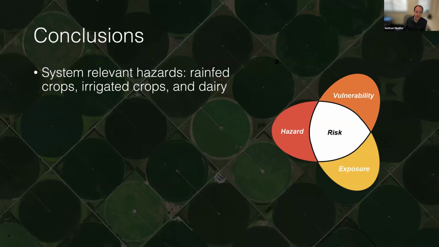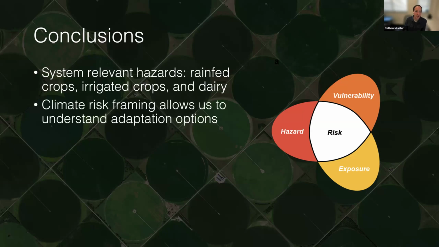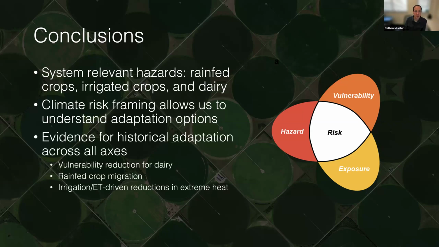We found in our work that it's really helpful to think about system relevant hazards and think broadly about how that could be different for different types of systems, rain-fed crops, irrigated crops, and dairy. And to use this climate risk framing to help us understand adaptation options and to look historically and try and find evidence for adaptation across different axes.